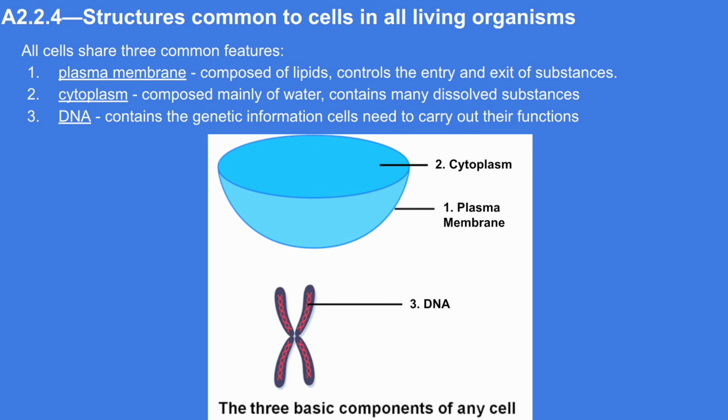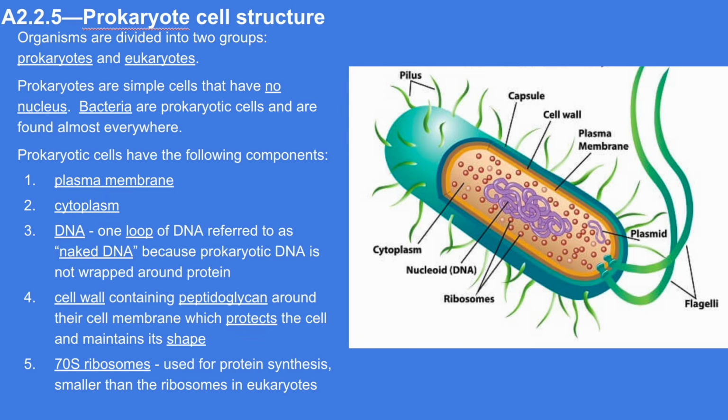All cells share 3 common features. They all have a plasma membrane, okay, which is controlling what comes in and out of the cell, a cytoplasm, and DNA. Prokaryotes. Okay, prokaryotes have one circular strand of DNA. Okay, it's naked DNA because it's not wrapped around histone proteins.